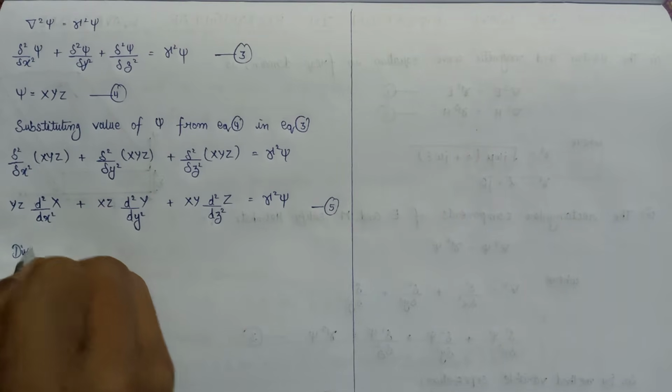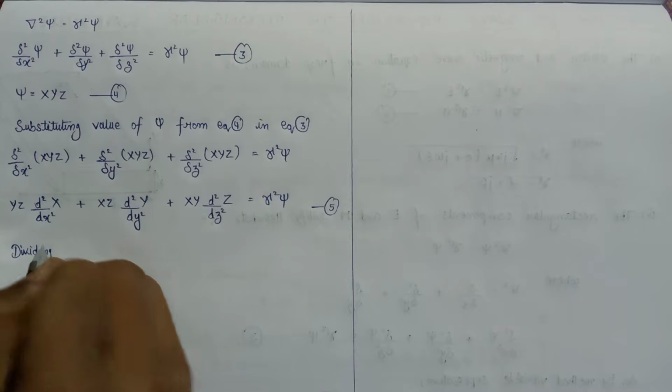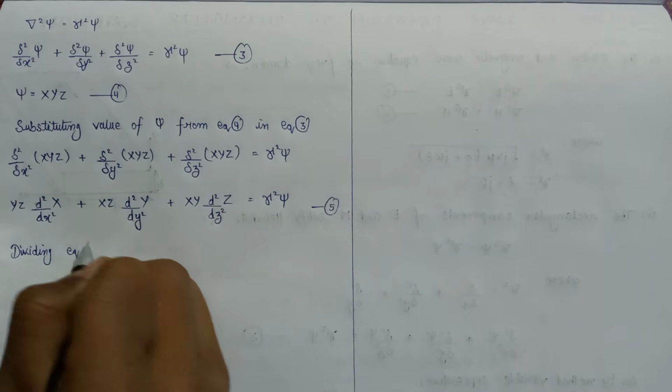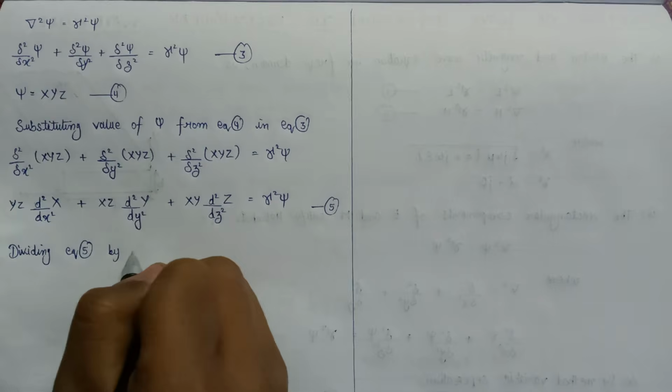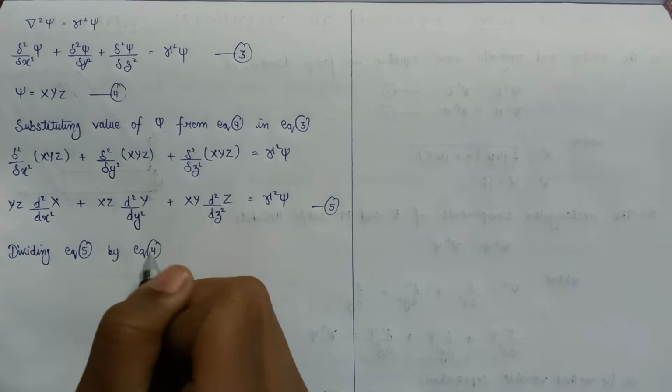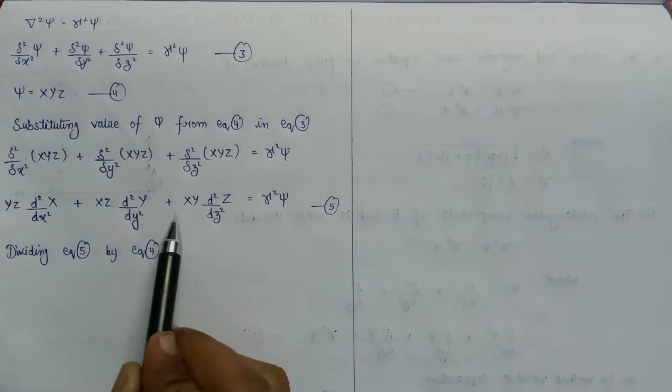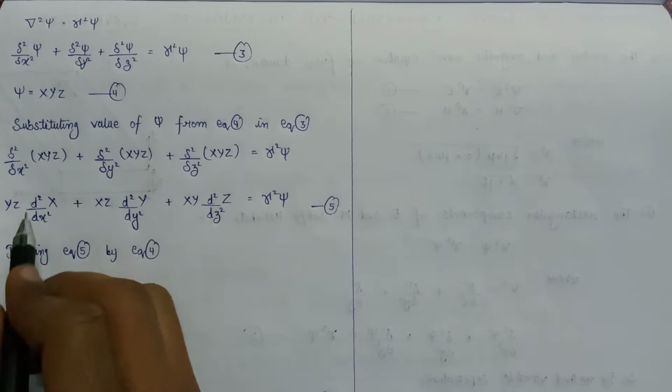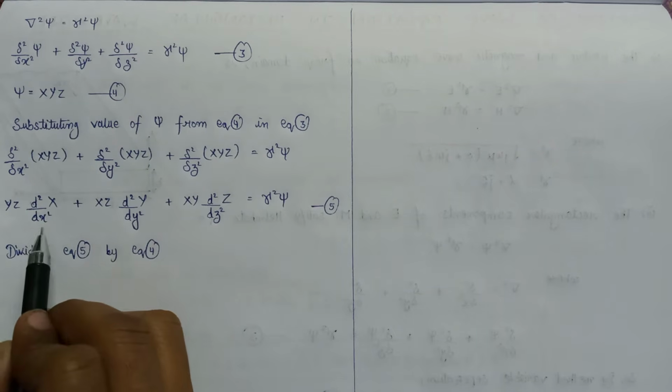Now dividing equation 5 by equation 4. On dividing this equation by this equation, let us divide the first term with x, y, z.